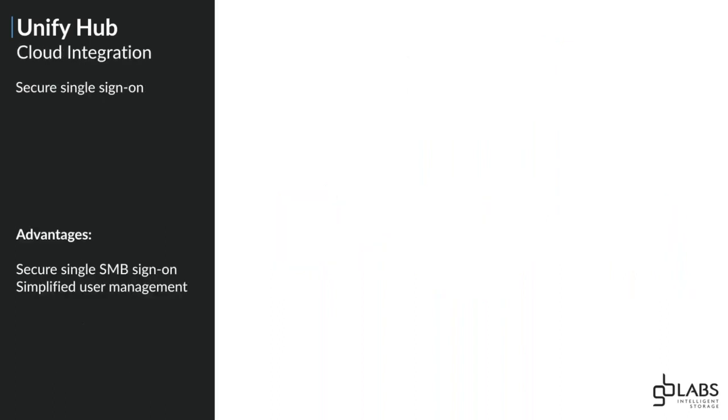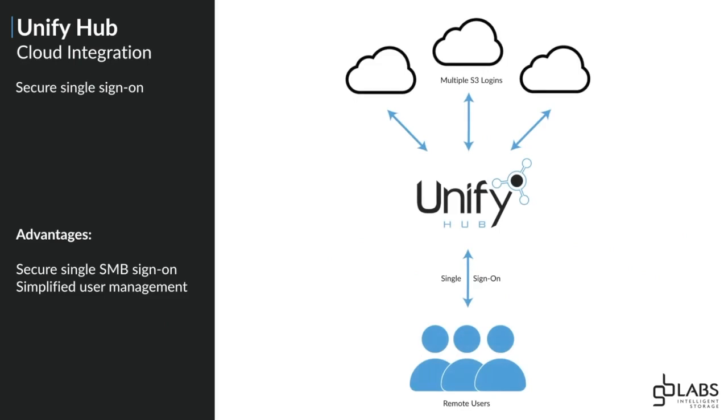So the first part of the cloud functionality is that the Unify Hub itself is capable of signing on to a variety of different cloud endpoints such as AWS S3, Backblaze B2, Dropbox for Business, generic S3, Google Drive, and Wasabi, which are our list of supported endpoints at this point in the release.